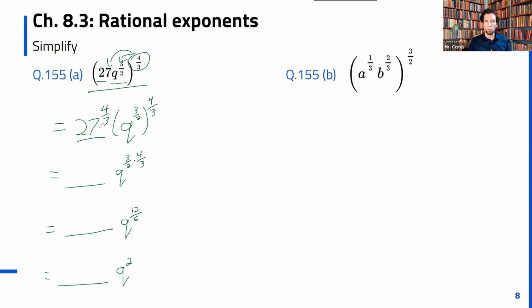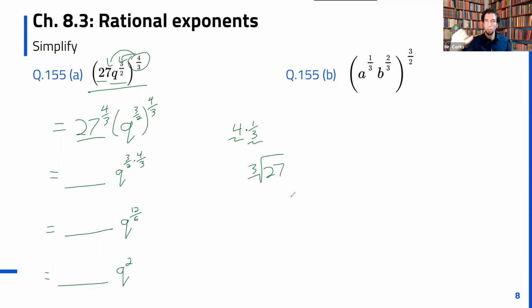Okay, so we notice we have this 4/3. 27 to the exponent 4, we probably don't know that right off the top of our heads. That sounds hard to calculate, but the 1/3 here means cube root of 27. Hopefully we recognize that number.